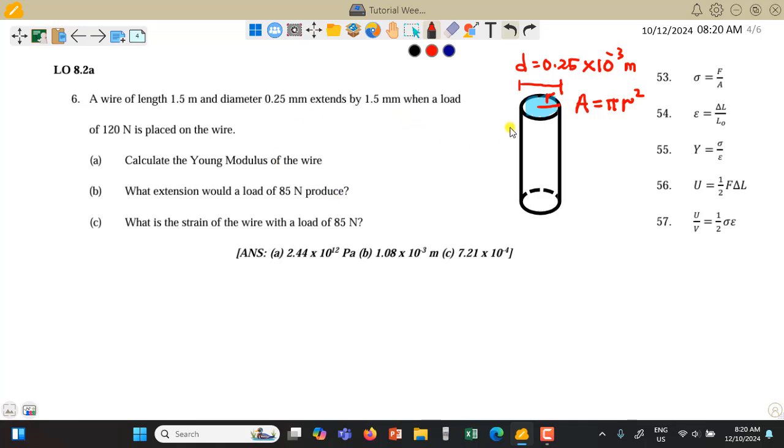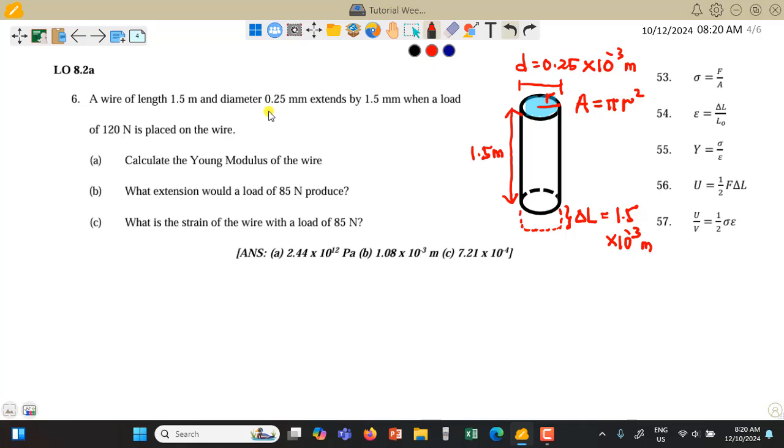This wire has an initial length of 1.5 meter, and we find out that the wire will be elongated, extended by a value of 1.5 millimeter, times 10 negative 3 meter.